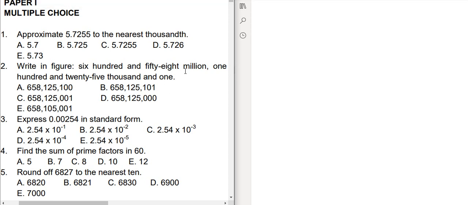Approximate 5.7255 to the nearest thousandth. What's this position, please? Tenth. Hundredth. Thousandth. Ten-thousandth.